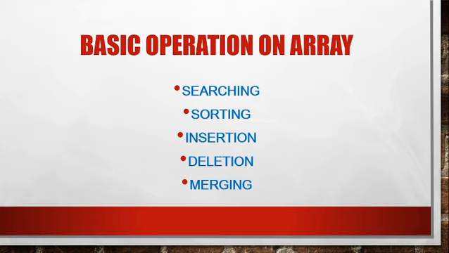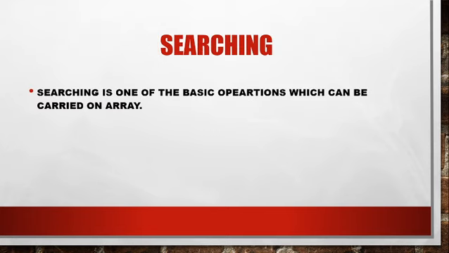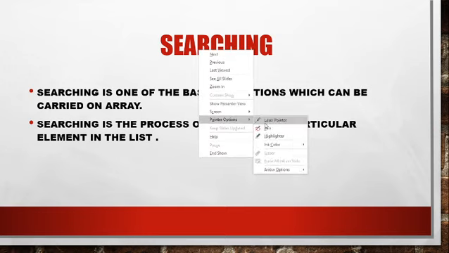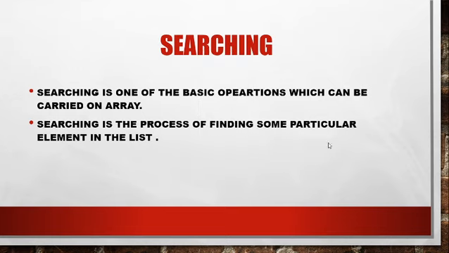Now let's start searching. So first, what is searching? Searching is one of the basic operations which can be carried out on an array. Searching is the process of finding some particular element in the list. Suppose a list of array elements is there. Among that, you have to find a particular value. Then how can you search from that list?